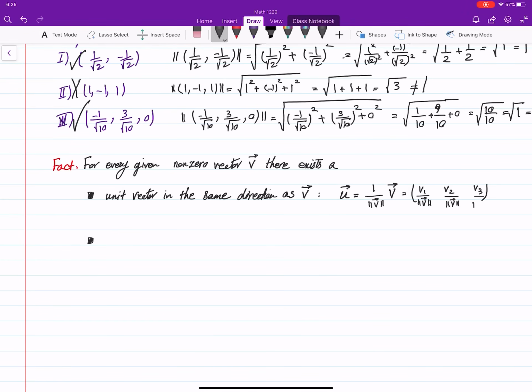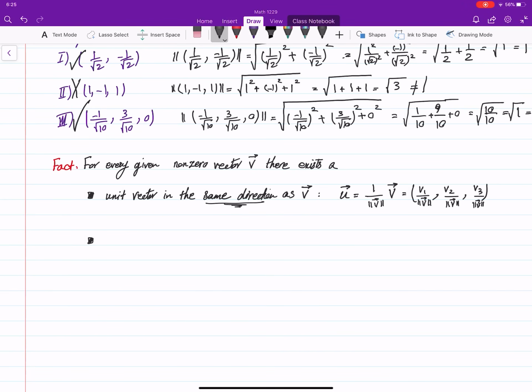That is the vector we are looking at. It is unit because when you find its length, it is going to be 1, and it has the same direction as v.